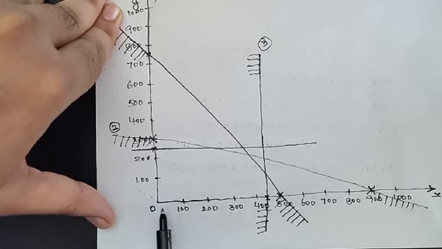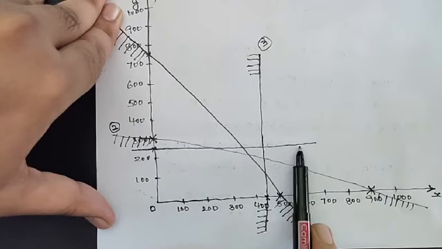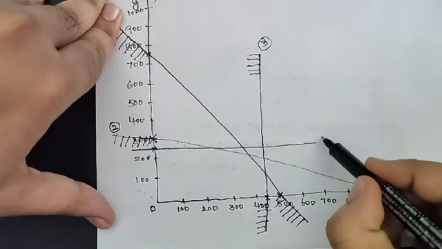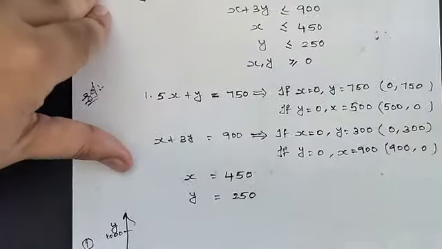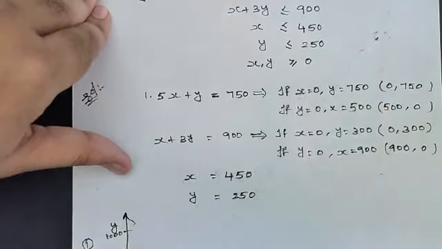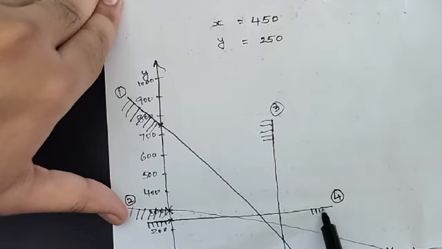That means if x is 0, y is 250. If x is 100, y is 250. If x is 300, y is 250. If x is 600, y is 250. So this is constraint number 4. What is the type of the constraint? Less than or equal to type. So the region is completely below the line. So now 4 constraints were located.